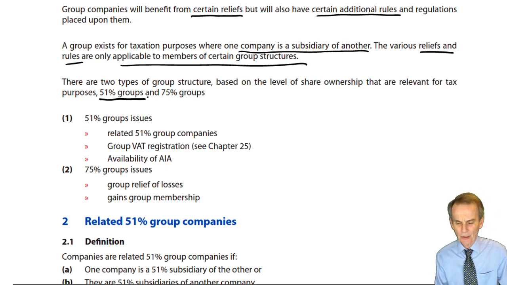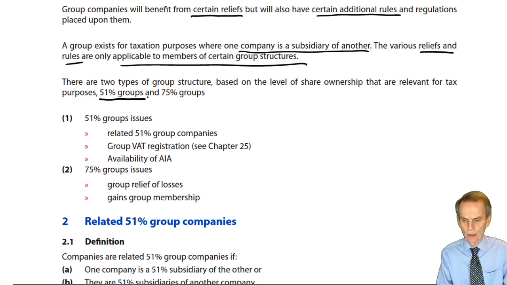The rules that apply there and the issues that we've got to deal with are fairly limited, in all honesty. And two of the issues that come up here are actually issues that we've already confronted in earlier chapters, basically in chapter 16. I don't expect you to remember those, don't worry, but I'll be reminding you of them in just a few minutes' time.